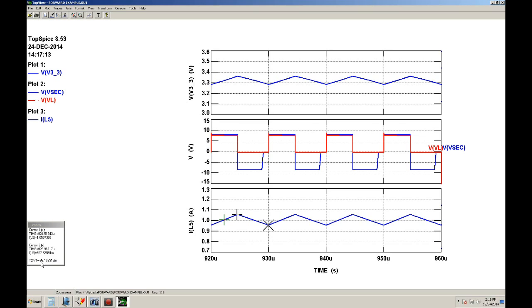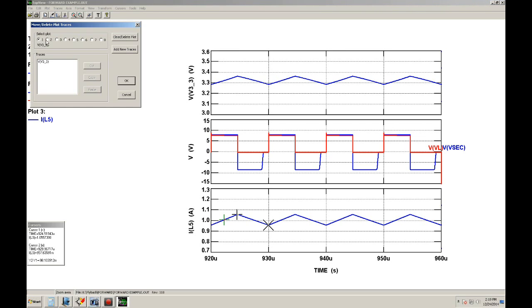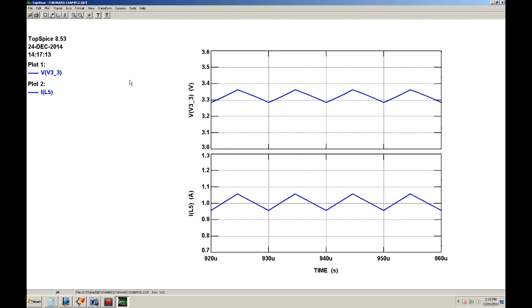And if you see here, it's 98 milliamps. So indeed, we designed it with the proper amplitude that we wanted. So basically, let me go ahead and get rid of that. These are the two waveforms that I want to show.